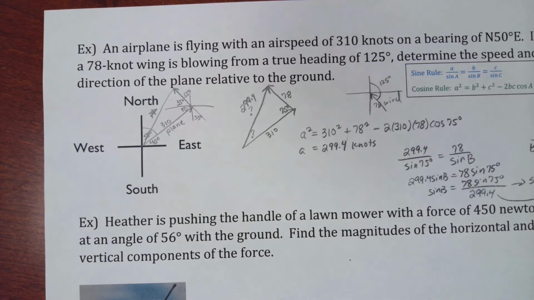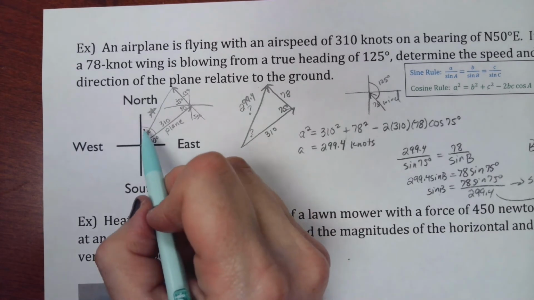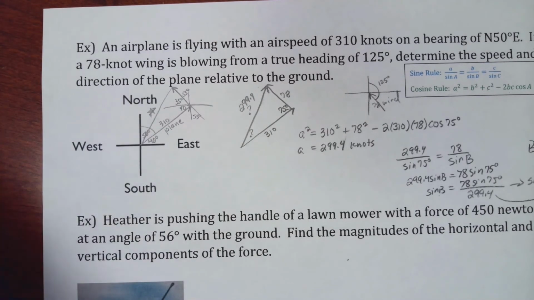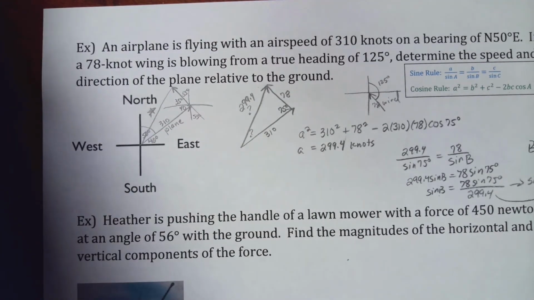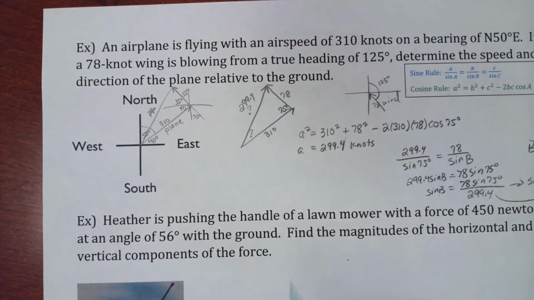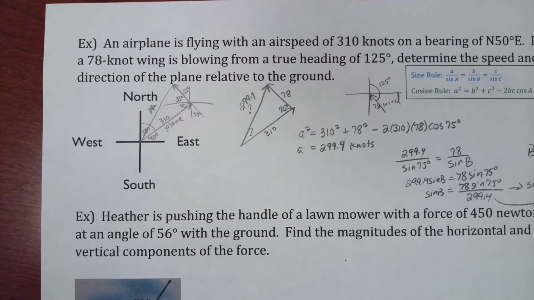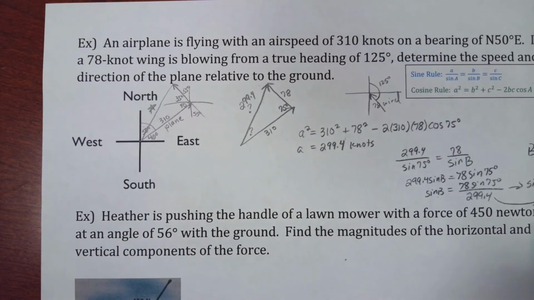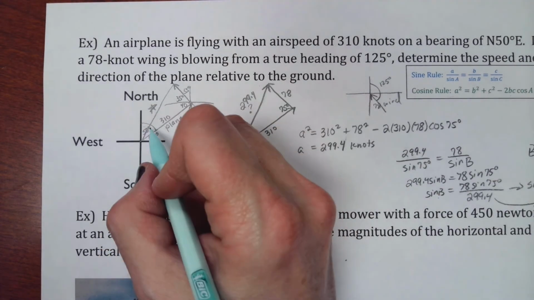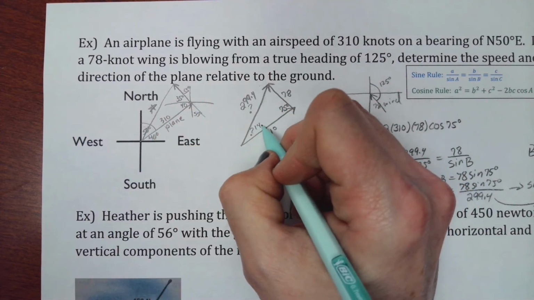All right, so let's go back. So I need to know this angle right here, because that will be my bearing, right? And so I just found out that this one's 14.6.